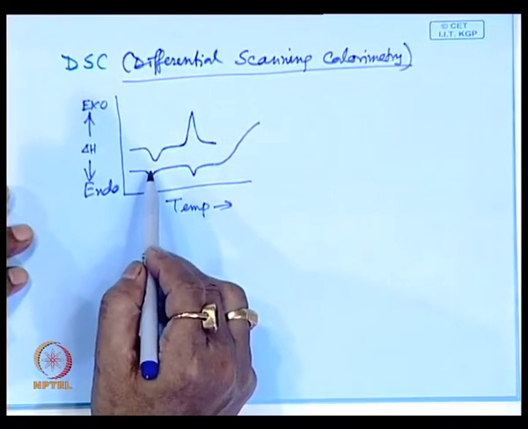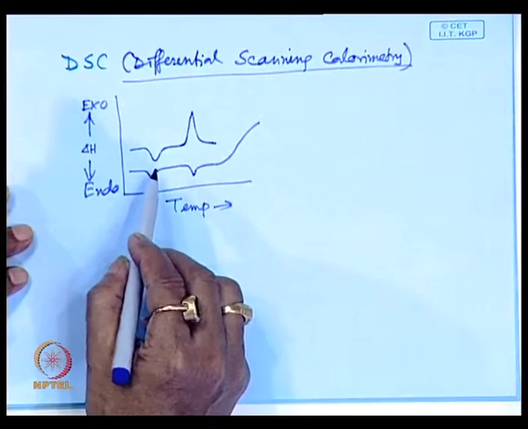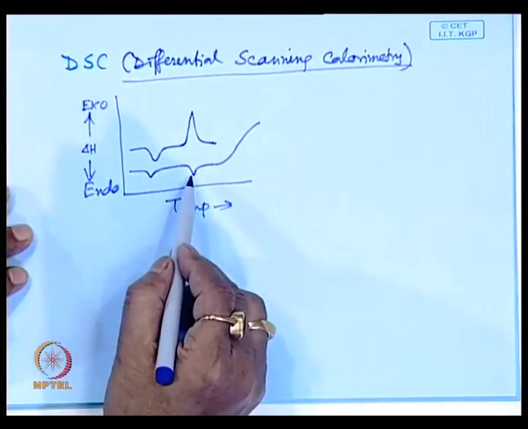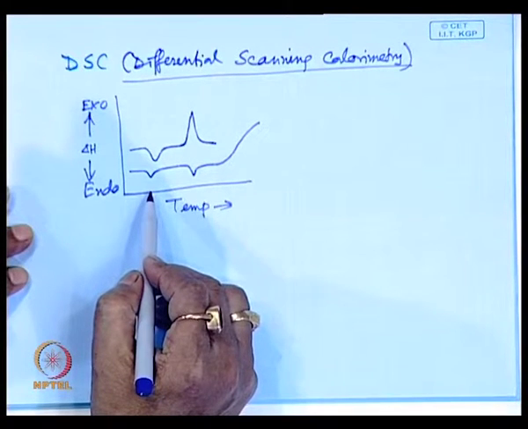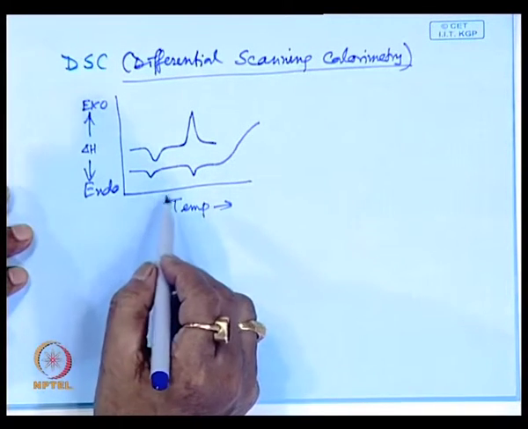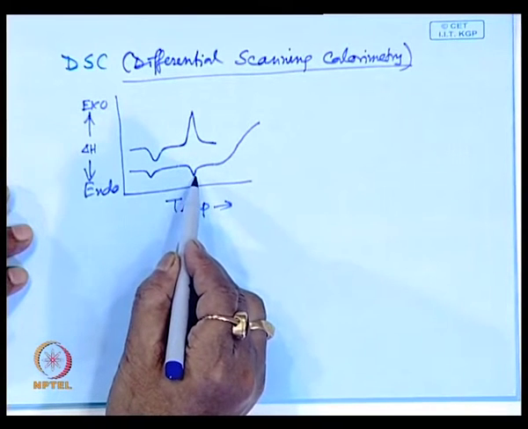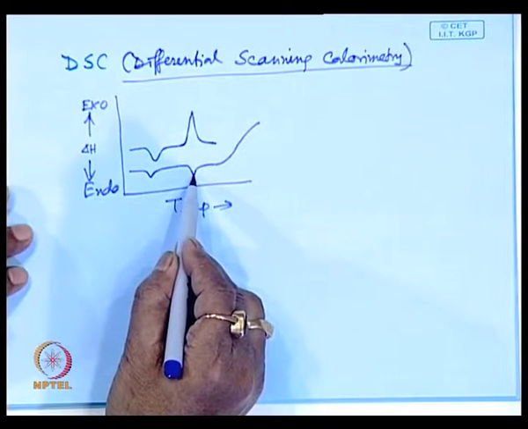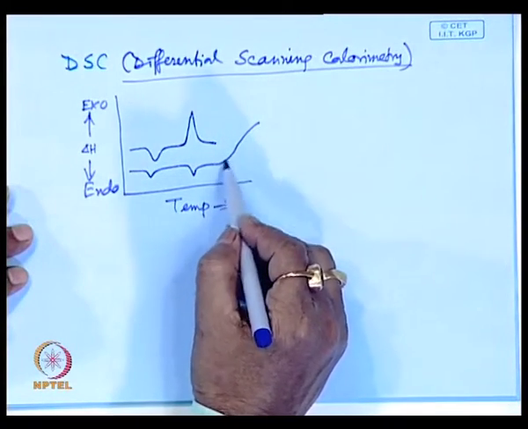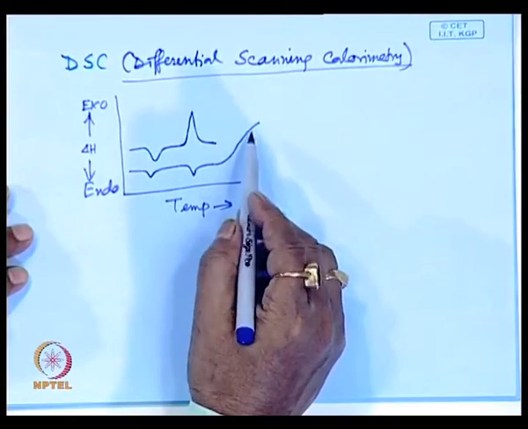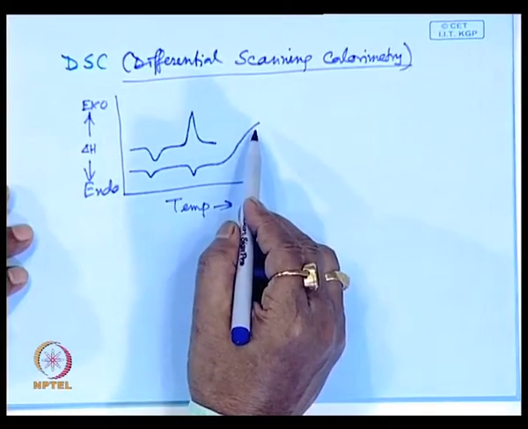Now, these transitions can be assigned to glass transition at lower temperature. That can be a characteristic of one particular polymer, and beyond that again the other transition can be melting transition, where the polymer melts, and beyond that it actually shows degradation, energy change, again it shows the degradation.